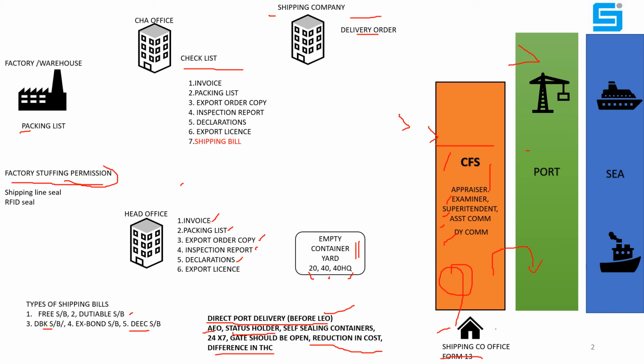If the container is already in the port, then they will load it on the upcoming vessel. Everything will be done by the shipping company. Therefore, Form 13 plays a very important role. It is proof that the CHA has handed over the cargo to the shipping company, and further movement will be done by the shipping company.